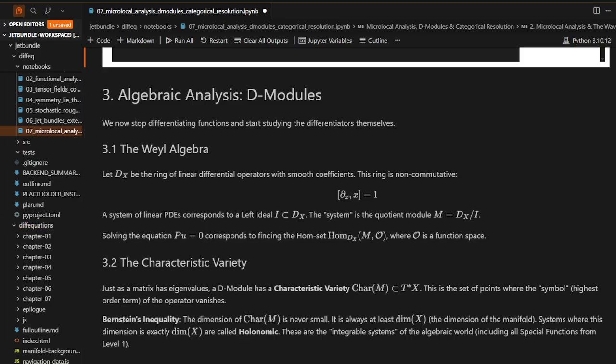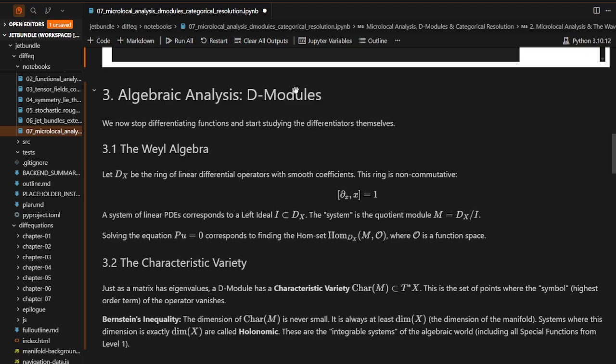Okay? So now that we have this idea, let's go to algebraic analysis of D modules. All right? What is a D module? Well, a D module is a ring, and again, we're not going to differentiate functions anymore. We're just going to talk about the differentiators. Okay, the differentiators.